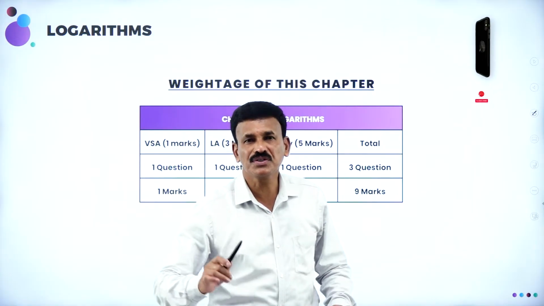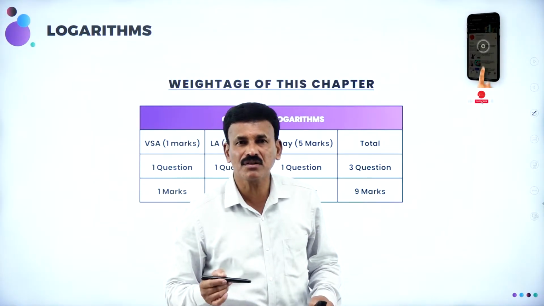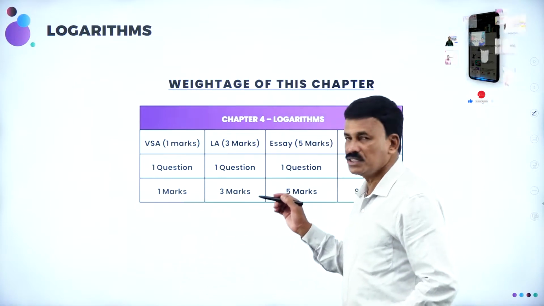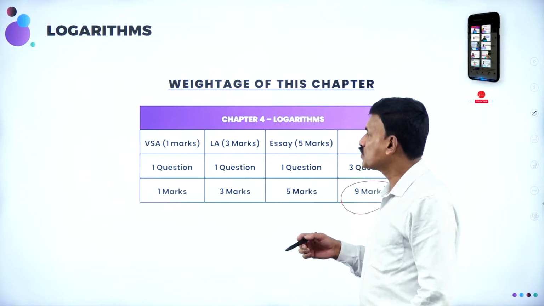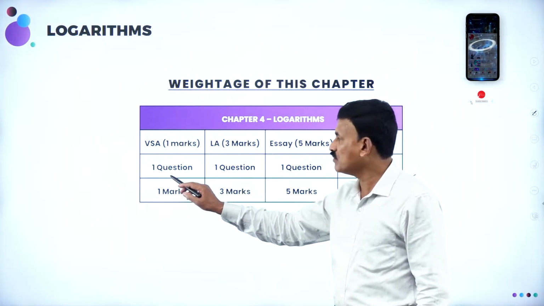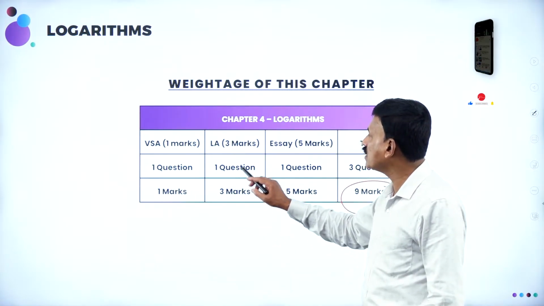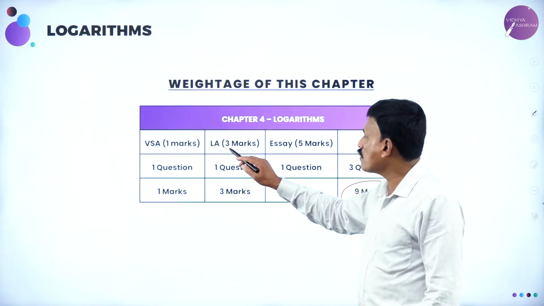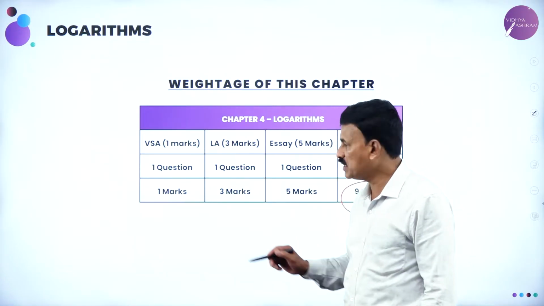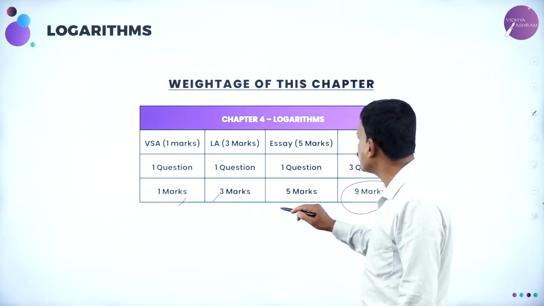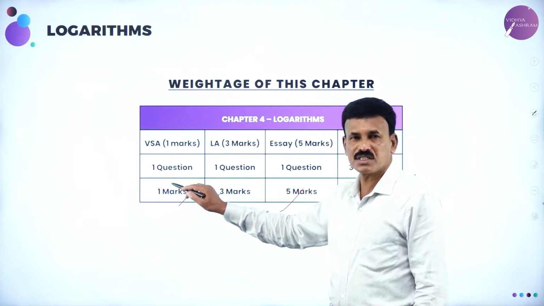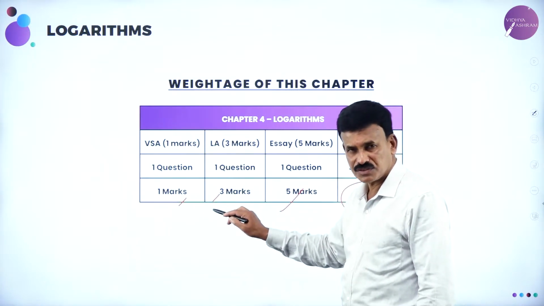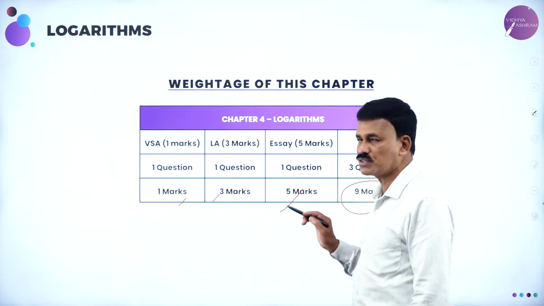Before going to the exact chapter, let us know the weightage for this chapter. You are going to get a maximum of 9 marks from this chapter. You will have one question for 1 mark, one short answer question for 3 marks, and one essay type question for 5 marks.